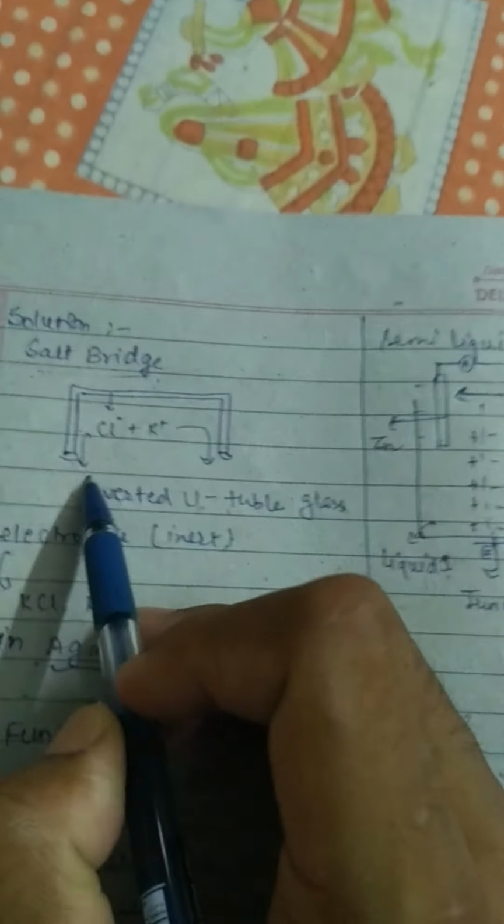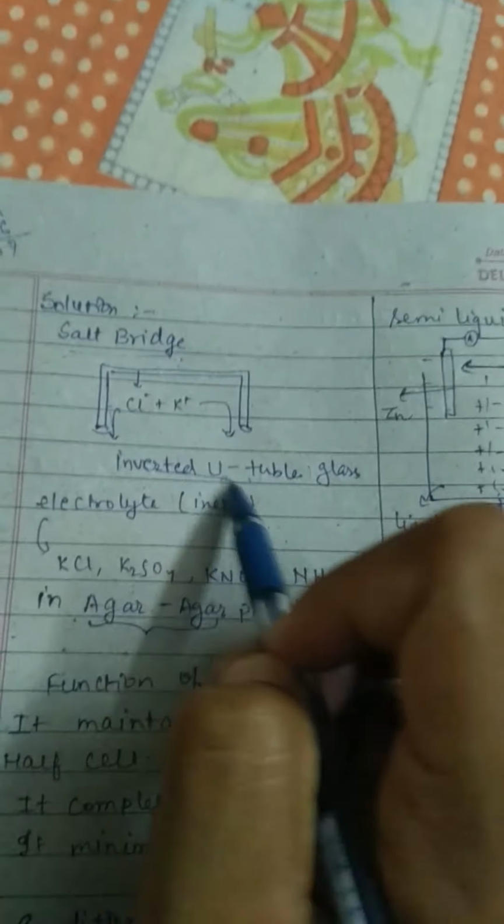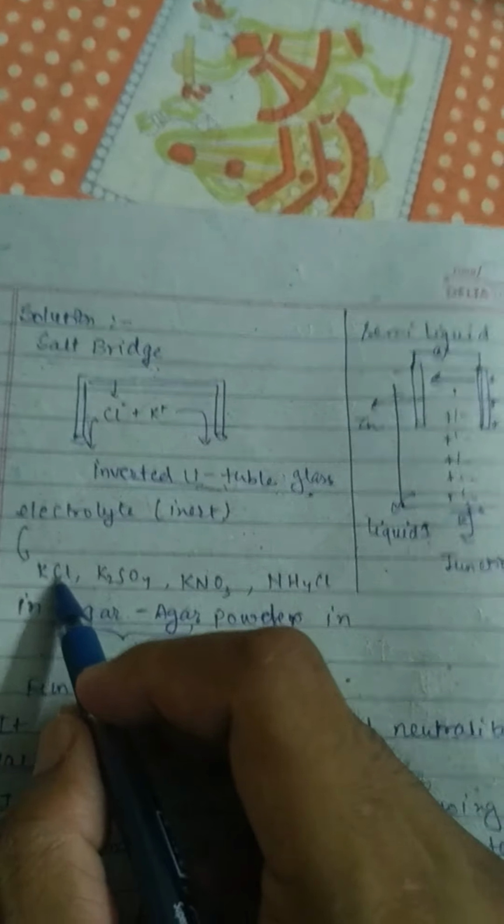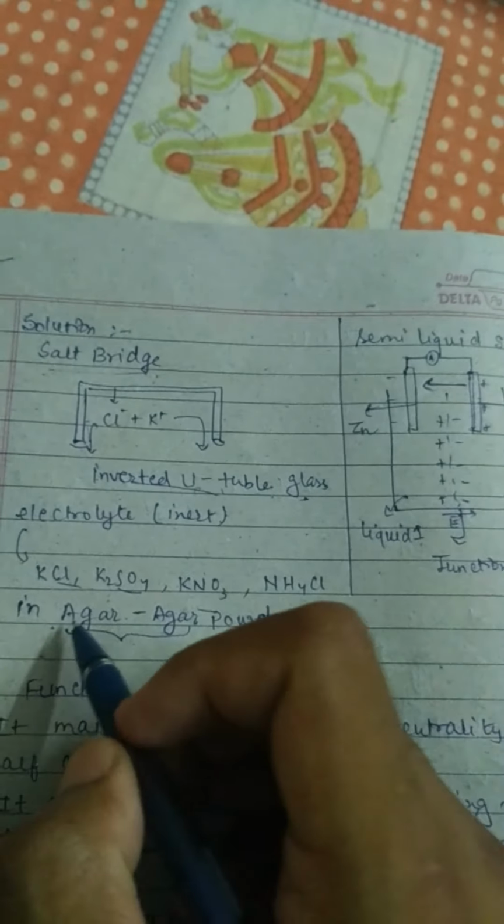For solving this problem, we introduce a salt bridge. It is an inverted U-tube made of glass. We fill it with an electrolyte which is inert. Inert means it cannot react. For example, KCl, K2SO4, KNO3, NH4Cl in agar powder.